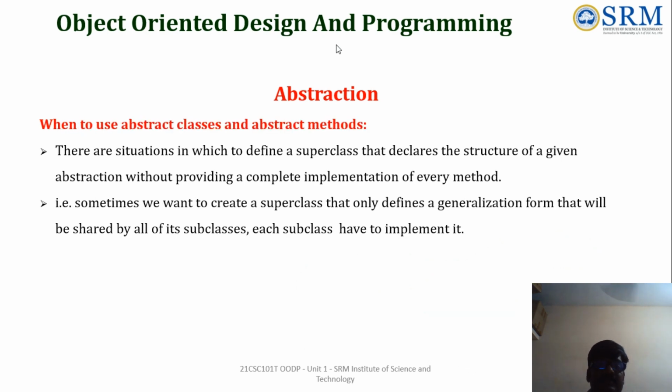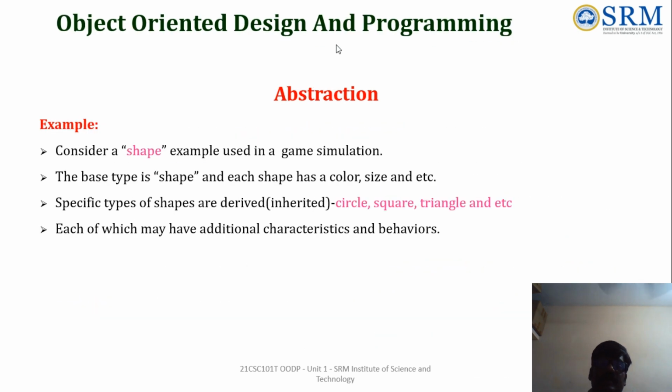Let's see another example. If you give a task to draw a shape, somebody will draw a circle, somebody will draw a square, somebody will draw a triangle, somebody will draw just a line. So the shape is a general way. It is going to be inherited and implemented in different ways.